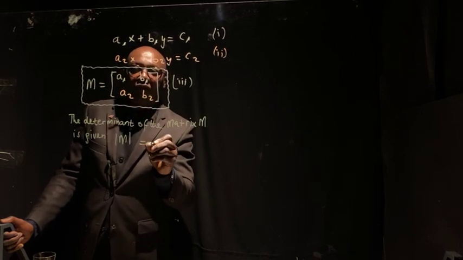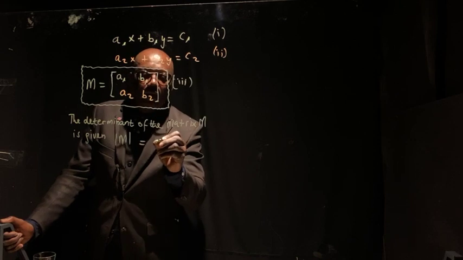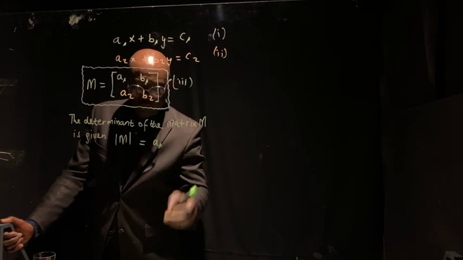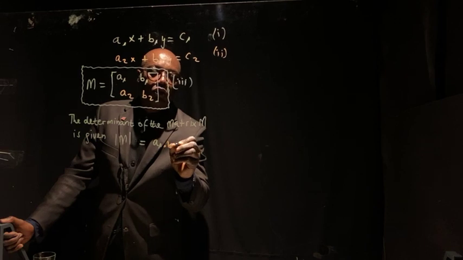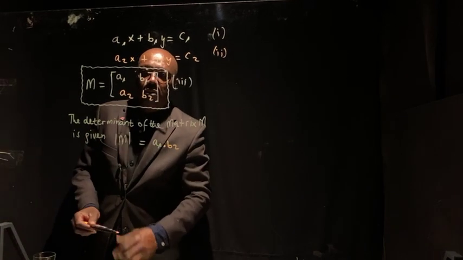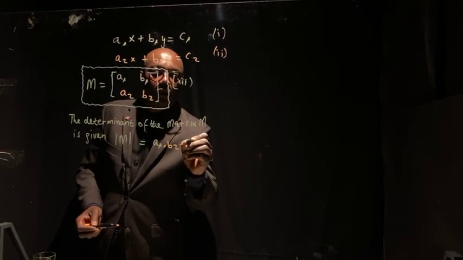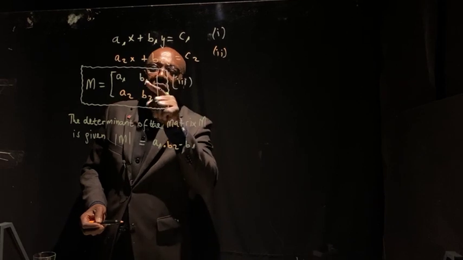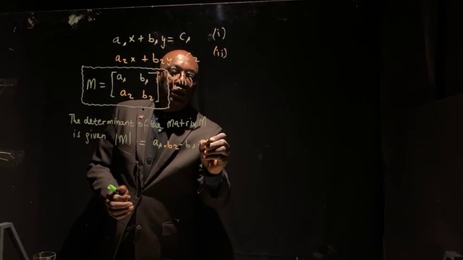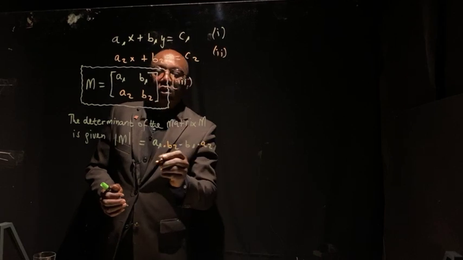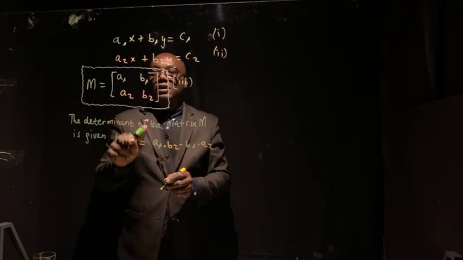So this matrix M, you want to find the determinant of this matrix M. It is no different from A1 multiplied to B2 minus B1 multiplied to A2. This is called the determinant.